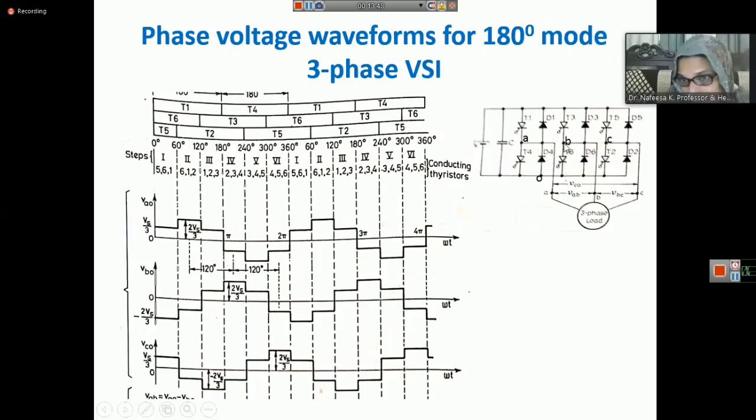T6 means B, and T1 and T5 are A and C. So the VAO and VCO voltages will be VS/3 each, and the bottom switch connected to the negative side of the supply gives minus 2 VS/3. By adding these voltages, you will get the total.